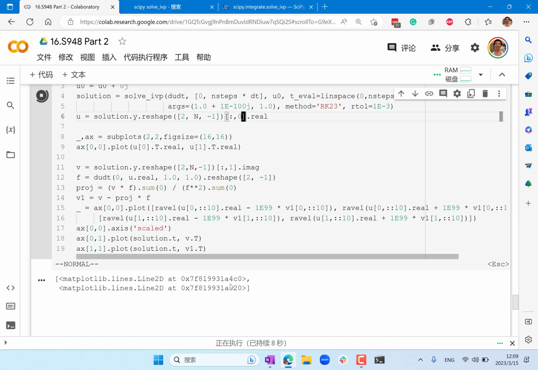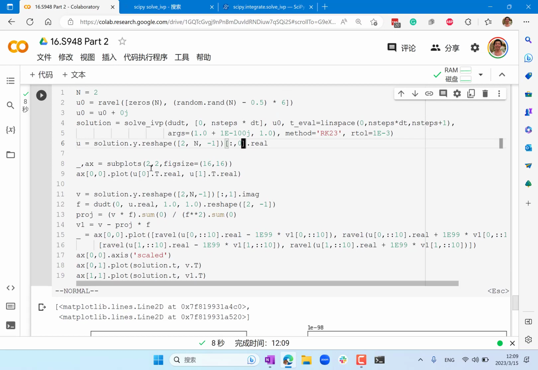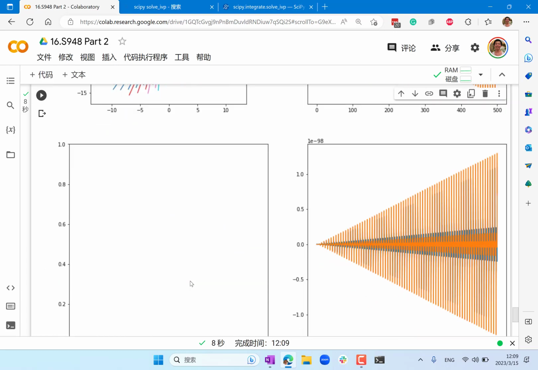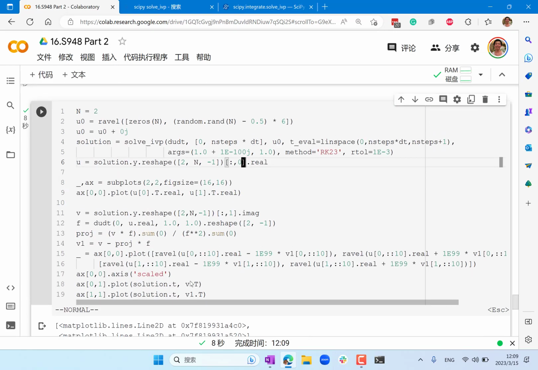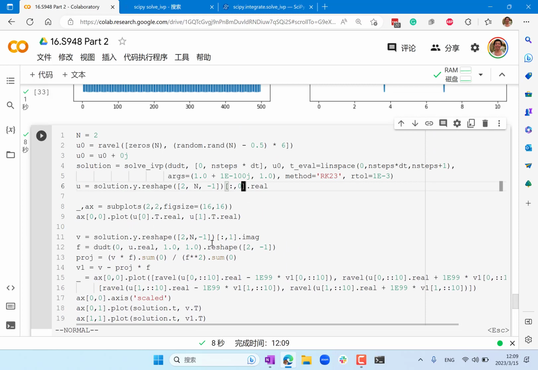Okay, so basically we're solving two equations right now, and both equations are the same equation, right? But then it's already not the same as before. What's wrong with solving two equations?